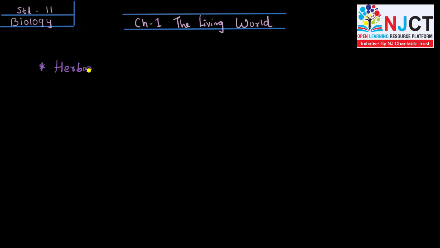What is it? Herbarium. Okay, now what is it? Herbs. Have you heard herbs? Yes. You can get an idea that it could be related to plant. Yes, it is. Okay. So whenever you are storing a plant, it is kind of a storehouse of collected plant specimen, right?